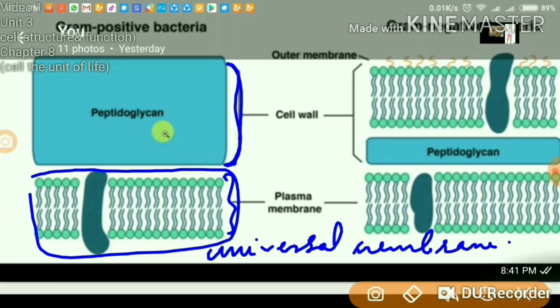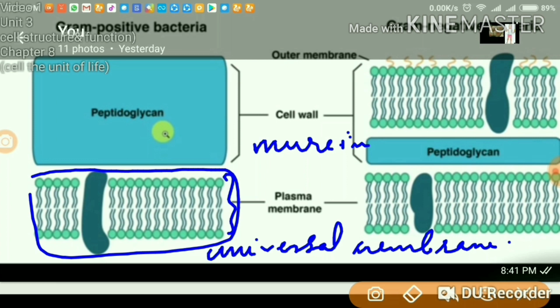The cell wall outside the plasma membrane, made up of peptidoglycan, is also known as murein.